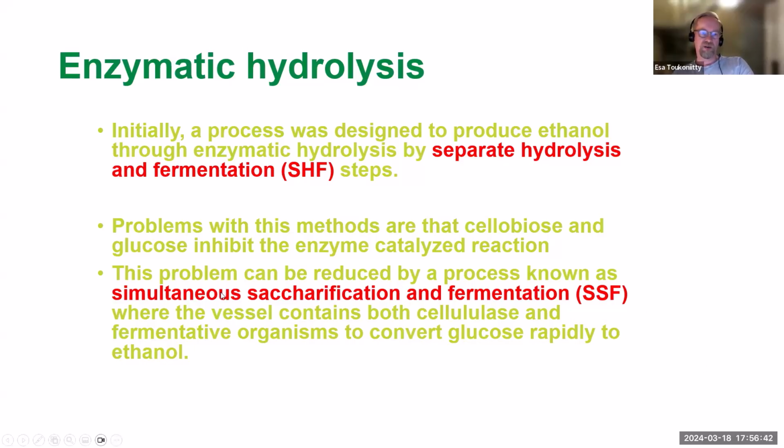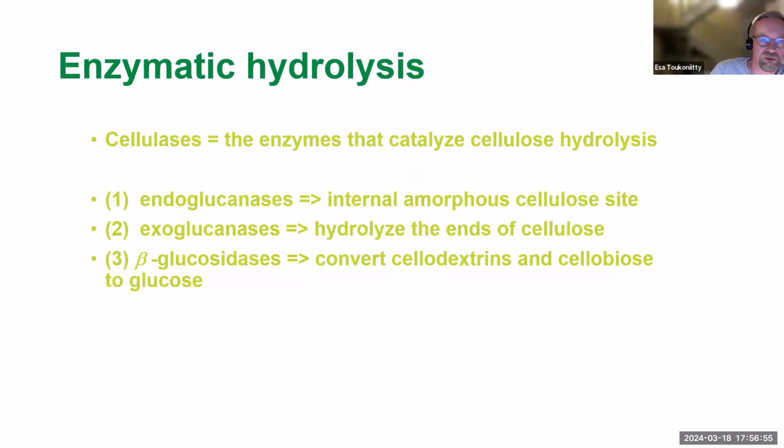So you make ethanol and keep the sugar concentration low so that the enzyme works faster and you get the end desired product faster. These are just two different approaches to do similar things.